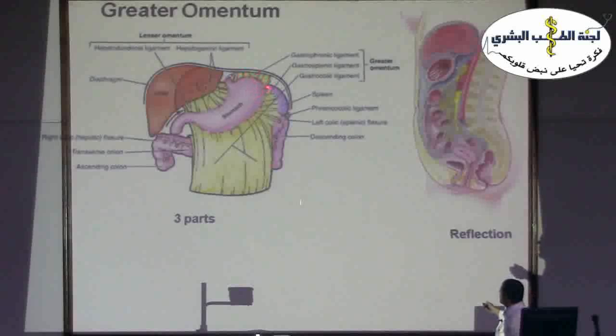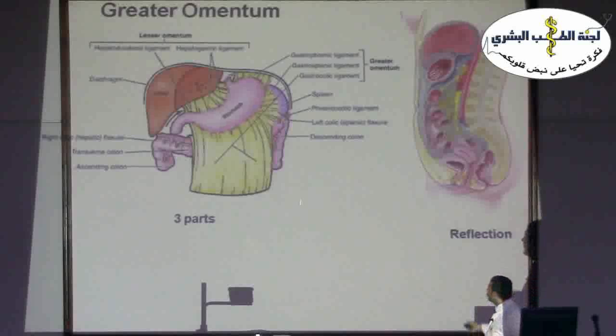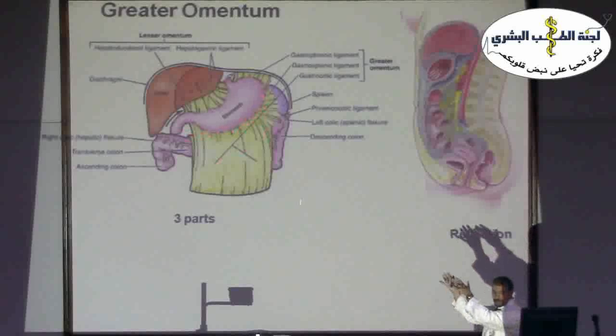The part of the greater omentum that leaves the stomach behind towards the spleen will reflect to cover the spleen again. So this will be called the gastrosplenic part. So I have gastrophrenic, gastrosplenic, and the largest one, going down from the stomach.